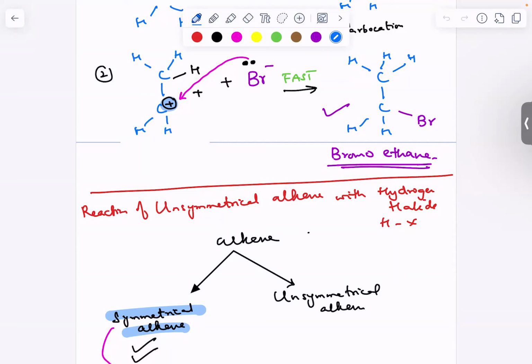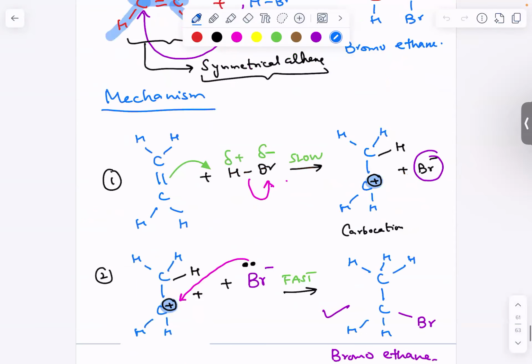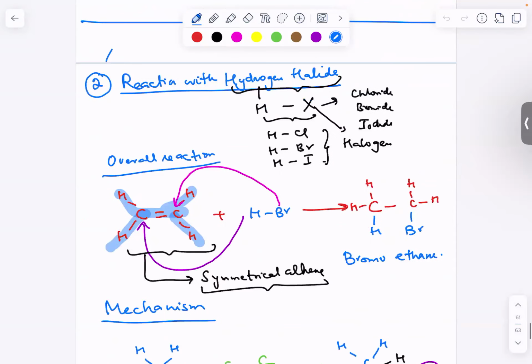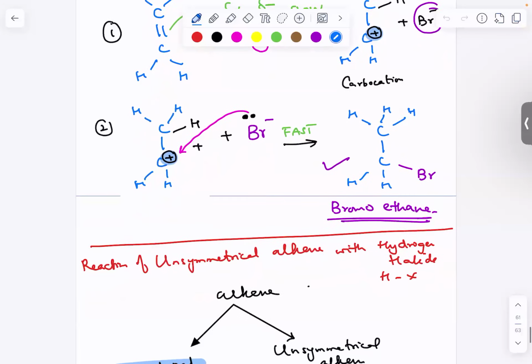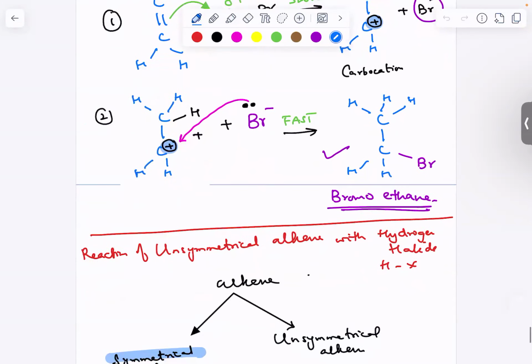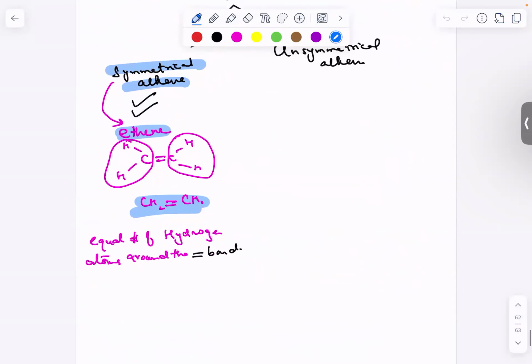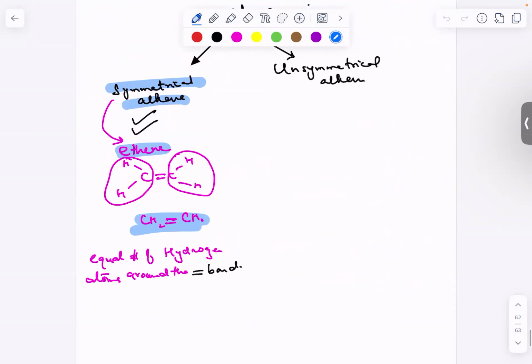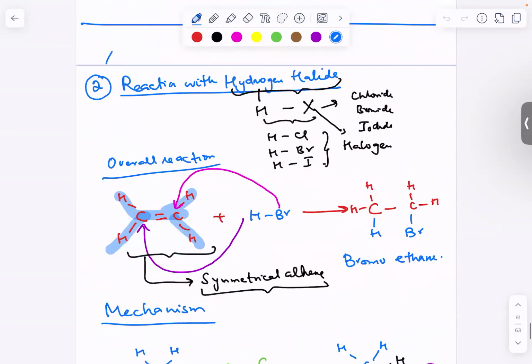Okay. We are done with this. So we need to start. Hydrogen halide reaction is done. We have done the isomerism. We need to start the reactions of alkenes, electrophilic addition reaction.